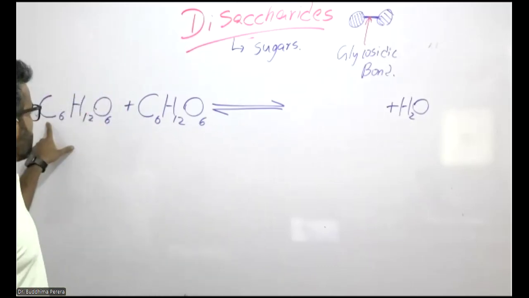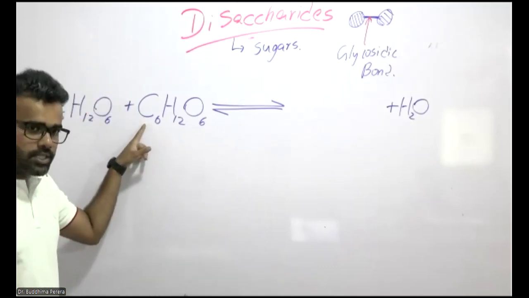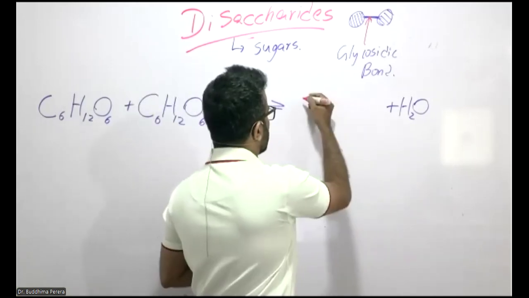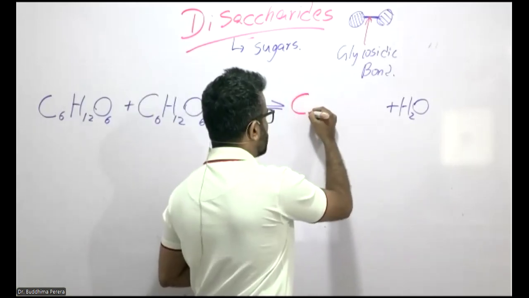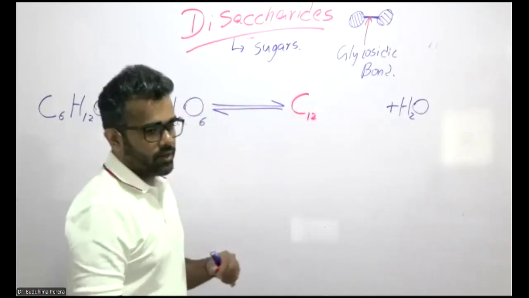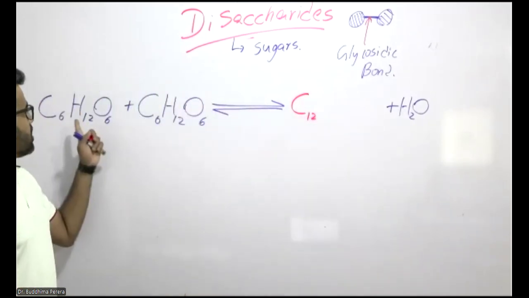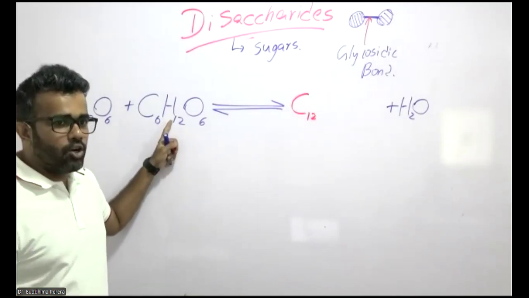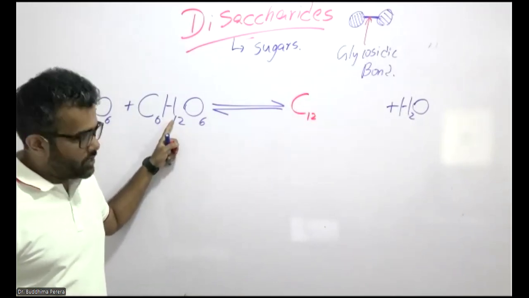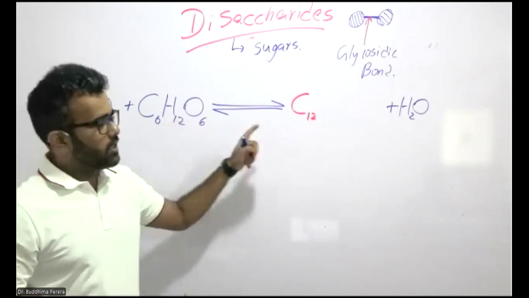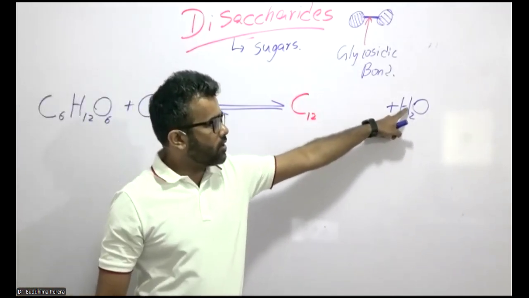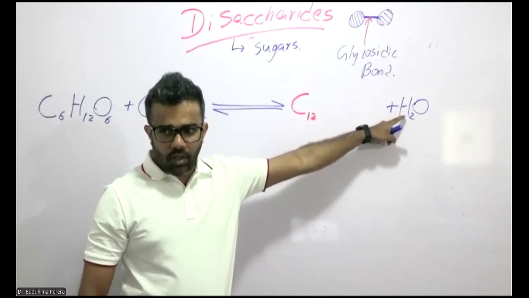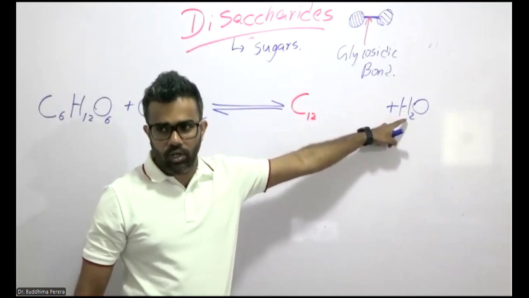Carbon 6 plus carbon 6 means there should be 12 carbons. 12 hydrogen and 12 hydrogen means there should be 24 hydrogens. But what happens is there are two hydrogens which went to make a water molecule.